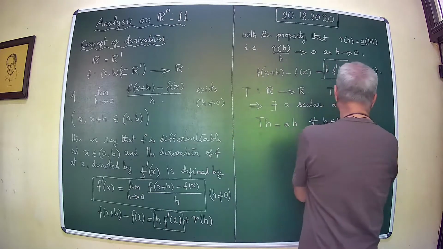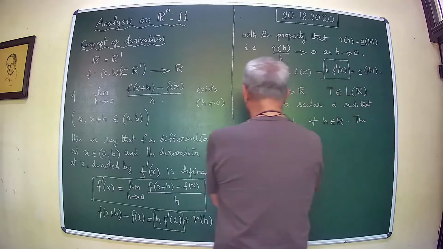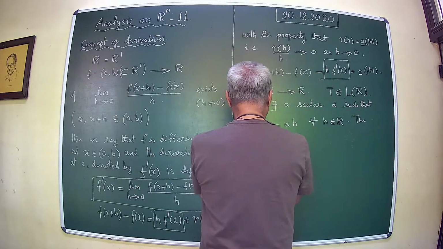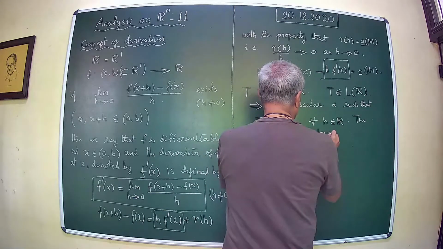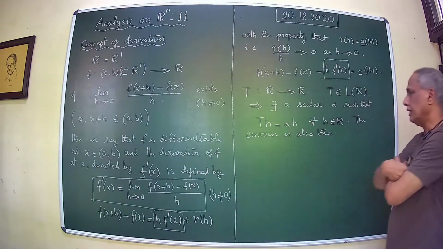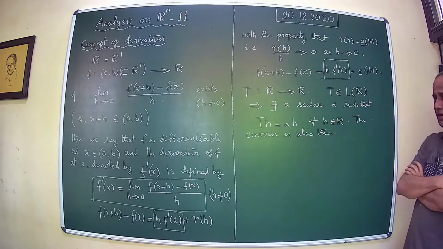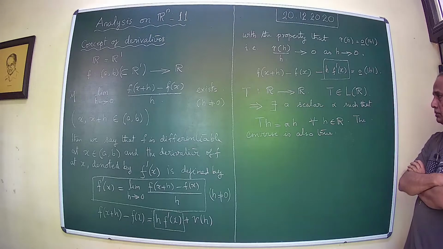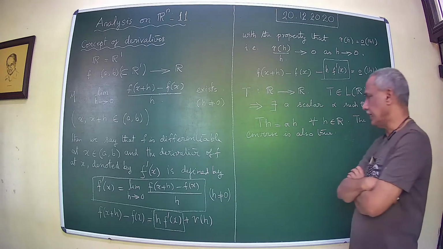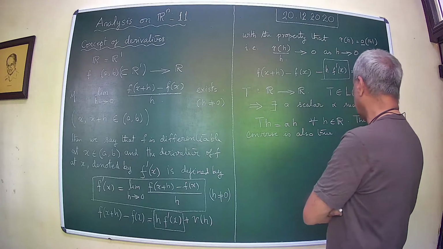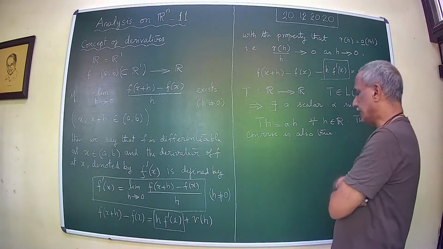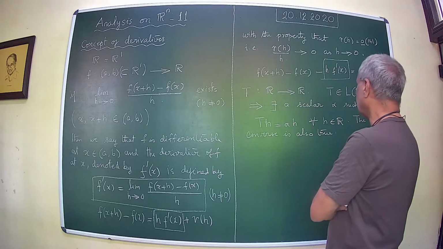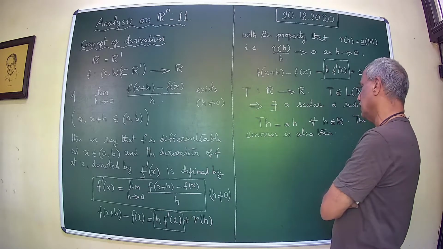The converse is also true. Which means given a number alpha belonging to R, if you define Th equal to alpha h for every h belonging to R, then T is a linear transformation on R. Okay?